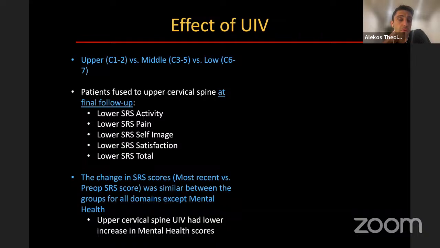And even though there were improvements for all groups and similar between the groups for all domains except mental health, the upper cervical spine UIV continued to have lower increases in the mental health scores. So that would argue, well, going to the middle cervical spine or low would be preferable.